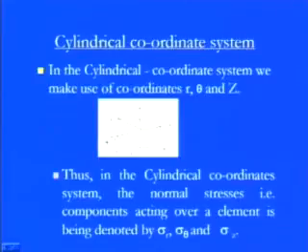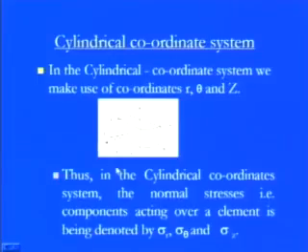If you are using xyz, then z is just perpendicular to the xy plane, irrespective of which is my xy plane, and this is perpendicular to that direction. While here I am taking the vertical component as z, r is the circumferential radius of the cylindrical coordinate, and theta is the angular location.